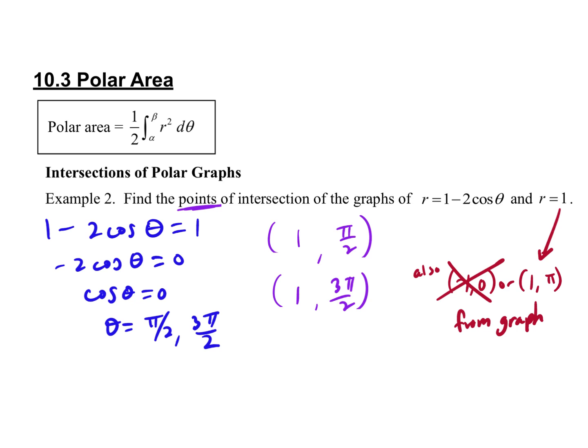Because I know for a fact that they do not test you on your ability to graph a polar graph. They will test you on your ability to find the polar area. So I feel like they have to help you in that way a little bit, whether it be with technology or with the graph itself, okay? I don't know that for certain, but that seems to make the most sense to me.